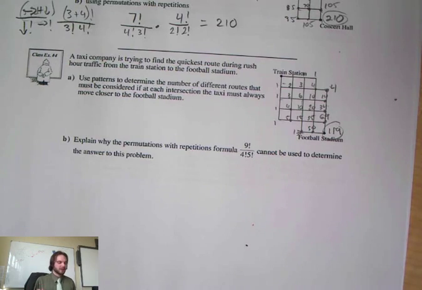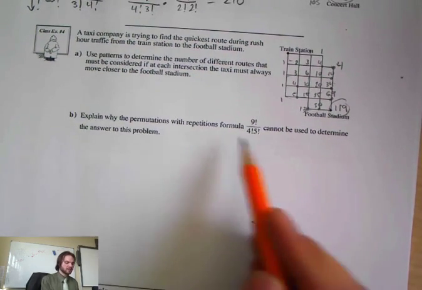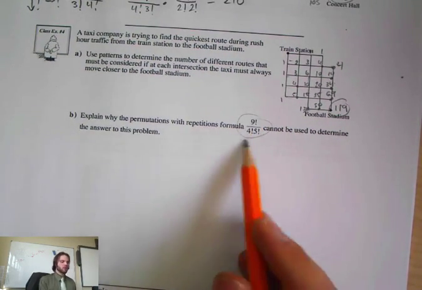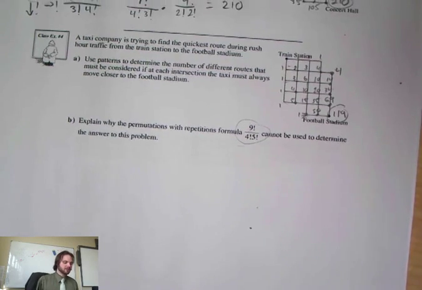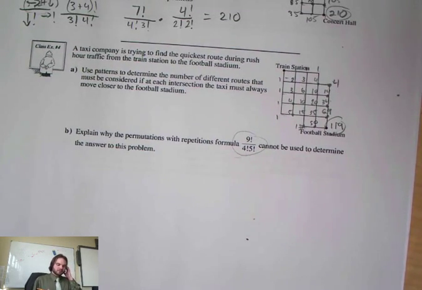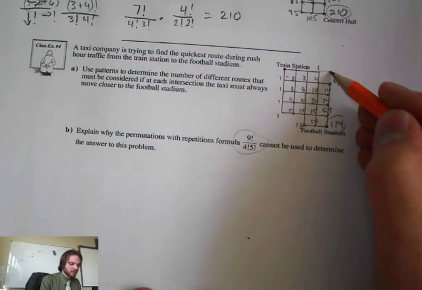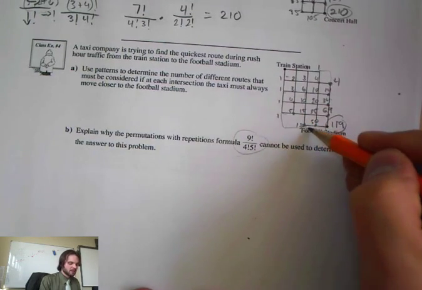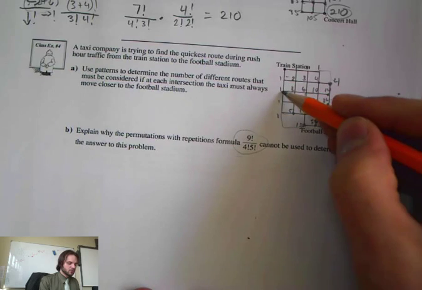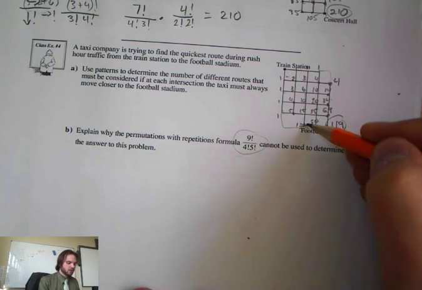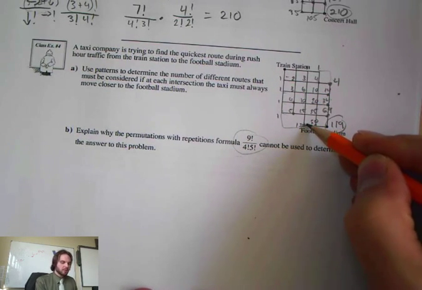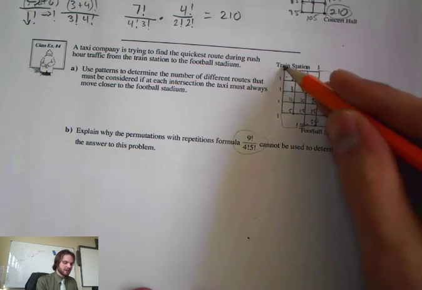They'll backtrack. Now, the next part says, explain why 9 factorial over 4 times 5 doesn't work. Well, if I look at this, this isn't a perfect square, is it? If I look at this, we have 1, 2, 3, 4 repetitions, but then we have a repetition there as well. But this repetition isn't the same as that.